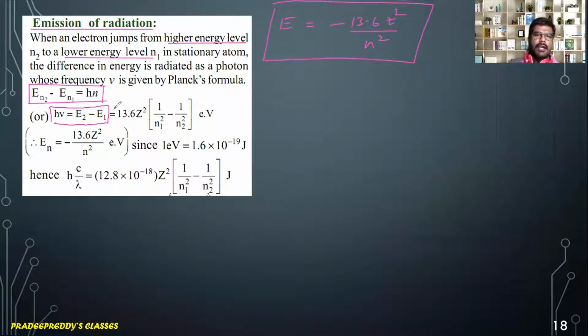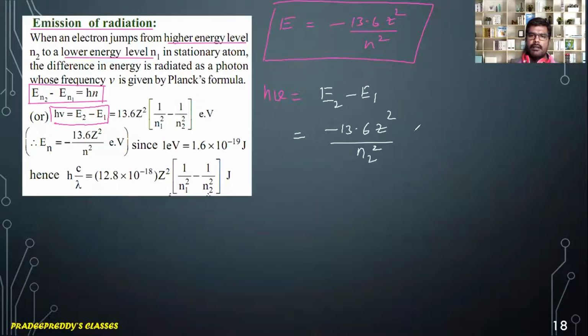So as we know, h nu is equal to E2 minus E1. E2 can be written as minus 13.6 Z square divided by n2 square, minus, minus 13.6 Z square divided by n1 square.